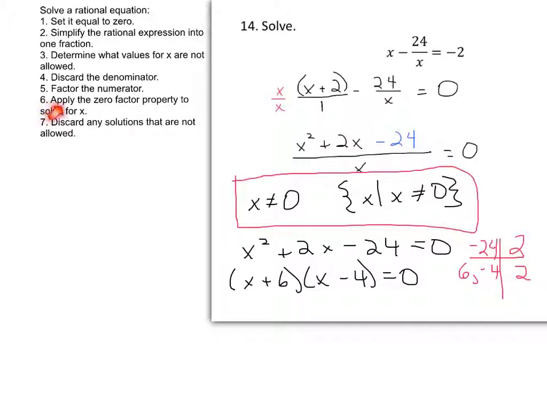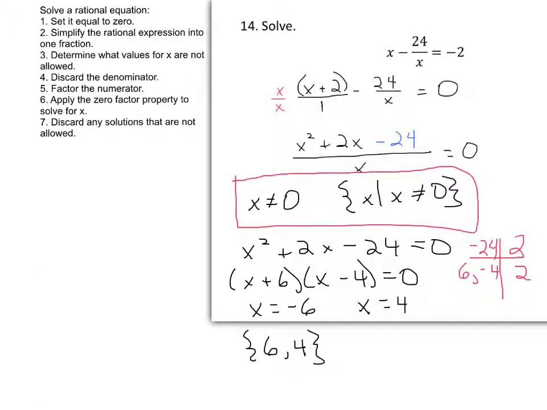And so we apply the zero factor property to solve for x. And the zero factor property says if all of this equals 0, then this has to equal 0, or this has to equal 0. So in the first case, x would equal -6, and in the second case, x equals 4. So our solution set that we found is {-6, 4}.